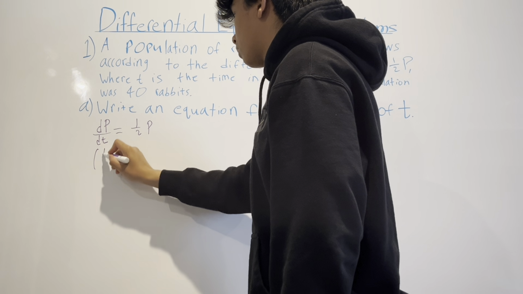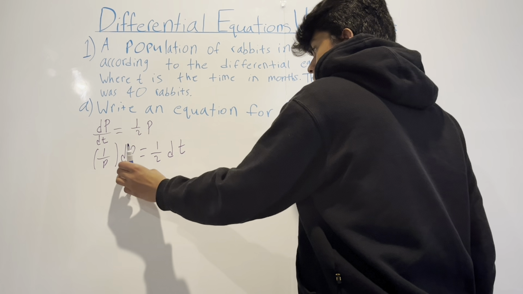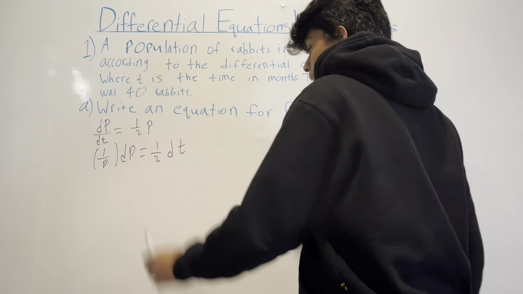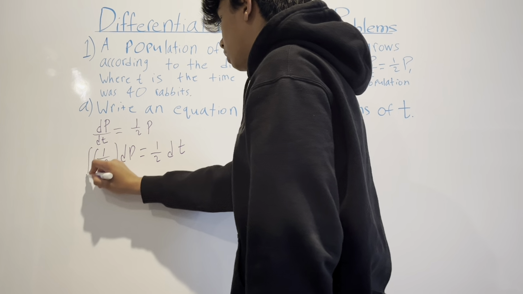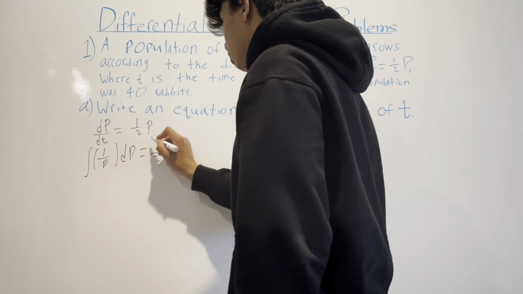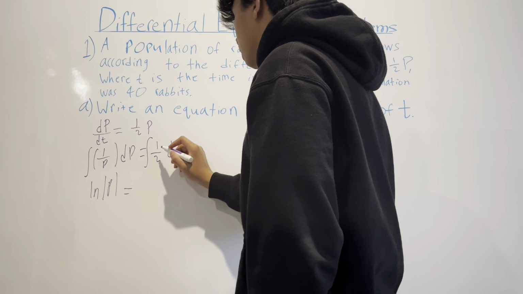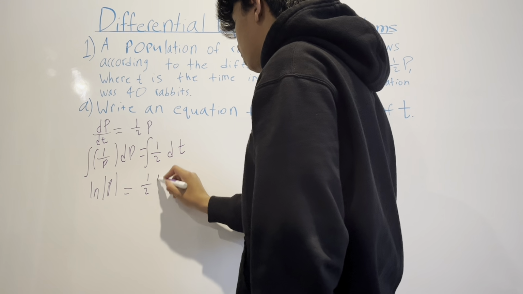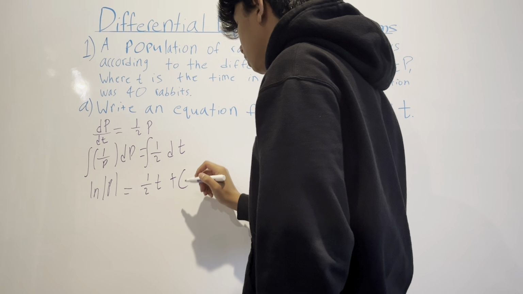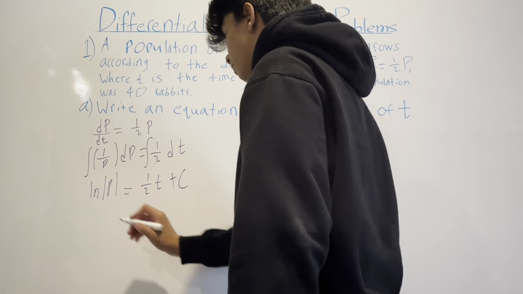Now we can integrate both sides to get rid of the dp and isolate p. So integral on both sides, and the integral of 1 over p is just ln p equals 1 over 2 t plus c. And now to get rid of the ln, we're going to make both sides the exponent with base e.